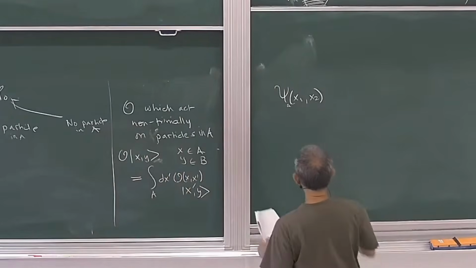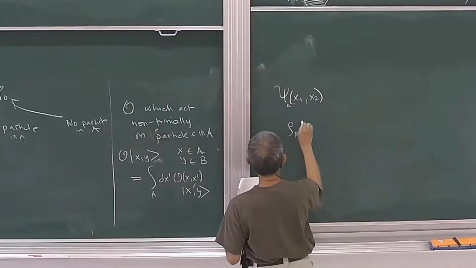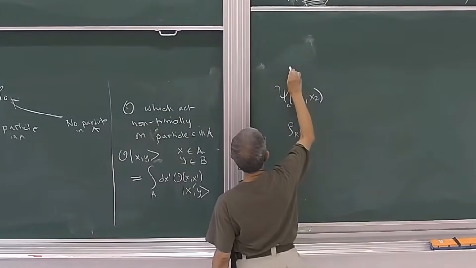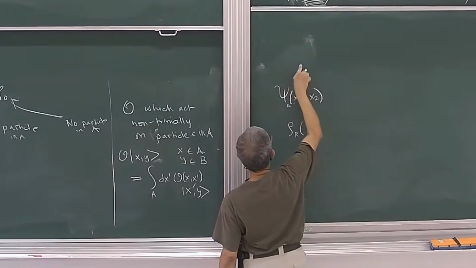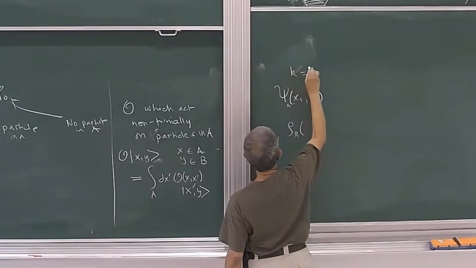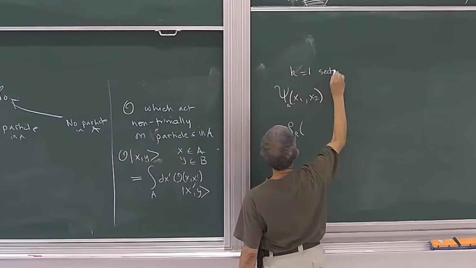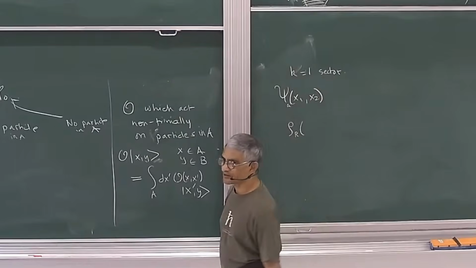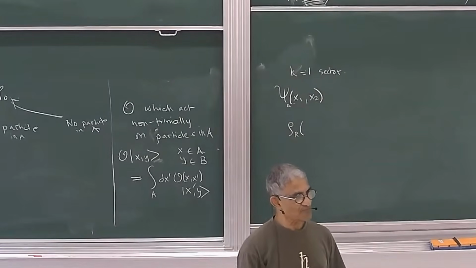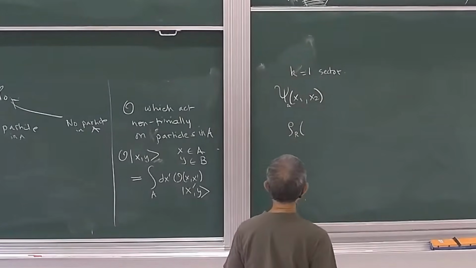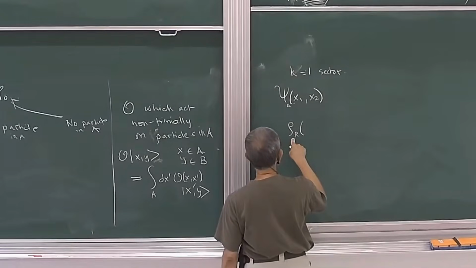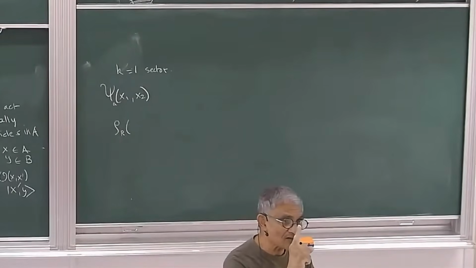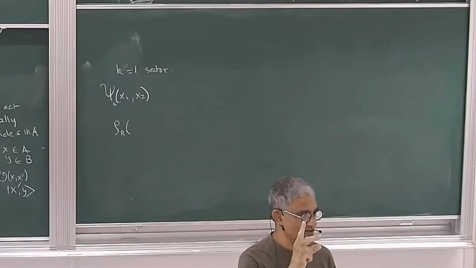You can easily see that this is a density matrix. So this is in the sector which I'll call K equal to 1 sector. K equal to 1 sector means that one of the particles is in A, the other particle is in the complement. This is an operator which lives in this 1 particle Hilbert space, not in the 2 particle Hilbert space.